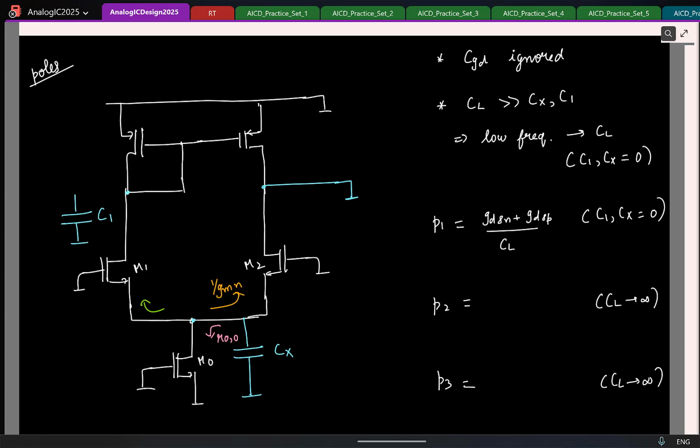Remember, the resistance looking into the source is 1 by Gm, provided the drain side resistance is much smaller. What is the drain side resistance here? It is 1 by Gm of which transistor? PMOS transistor. So this is 1 by Gm of the PMOS transistor. That is the resistance you have at the drain side. That's going to be much smaller than R naught of your NMOS. So it's reasonably fine to approximate this to be 1 by Gm of NMOS.